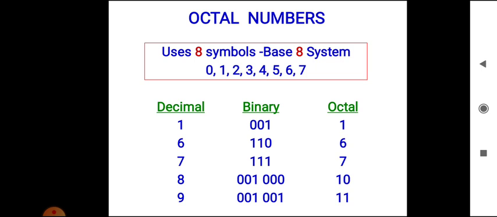So binary number is there, octal number is there. Here we do not need the conversion of octal to binary, octal to decimal, and decimal to octal. Actually the octal number system is in the decimal number system only, because 0 to 7 are decimal numbers.